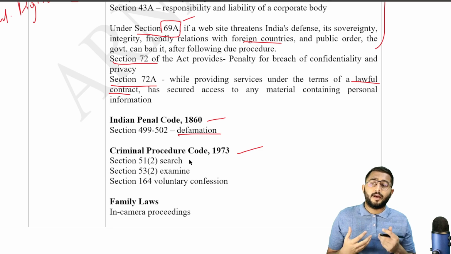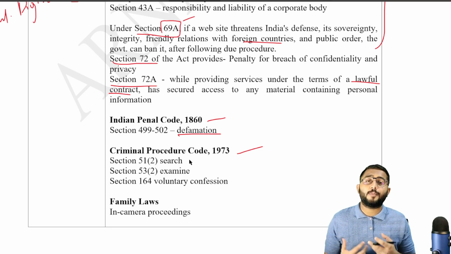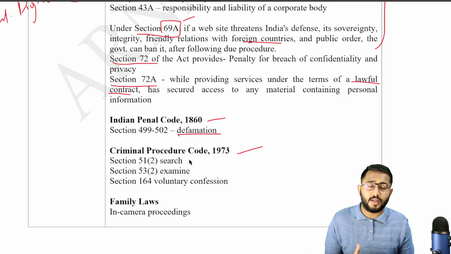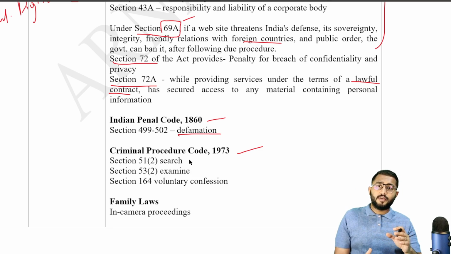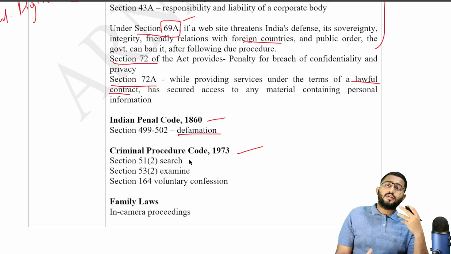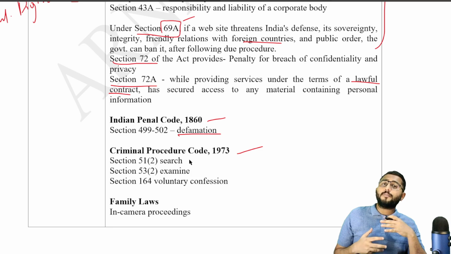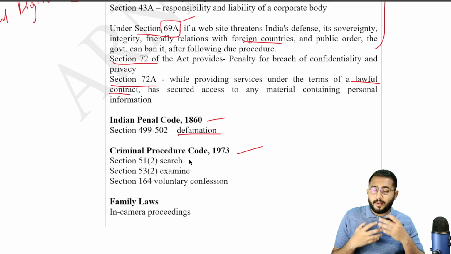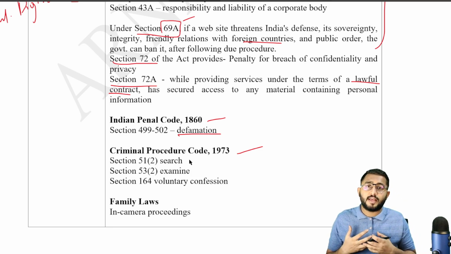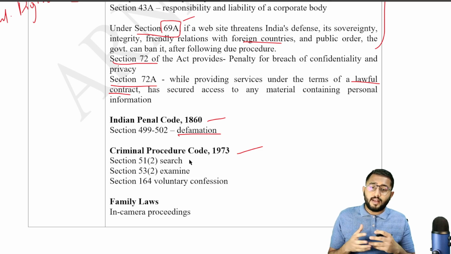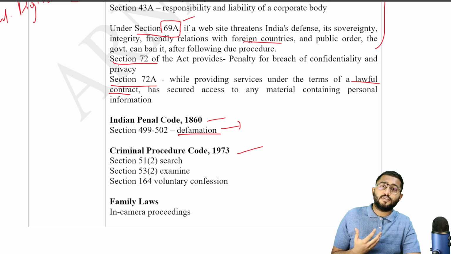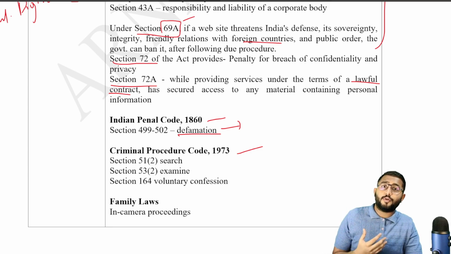Defamation means bringing harm to one's name, to one's personality, by false information, right? The Supreme Court recognized that bringing harm to someone's personality, personality being a part of self, is private.